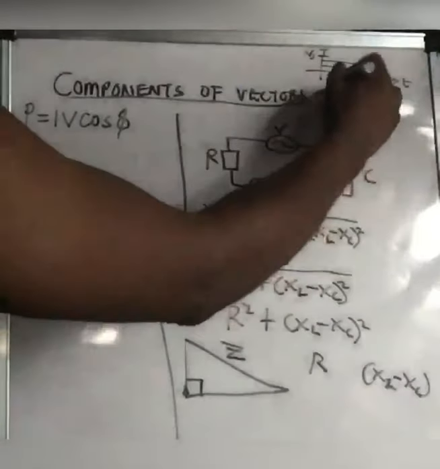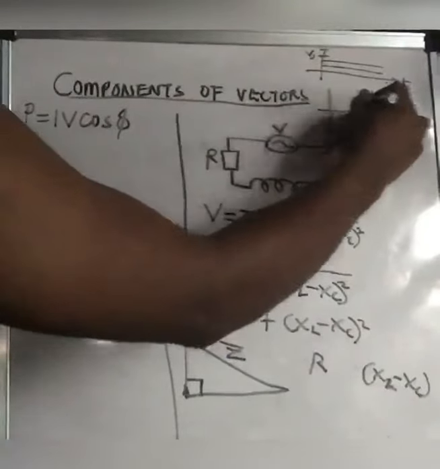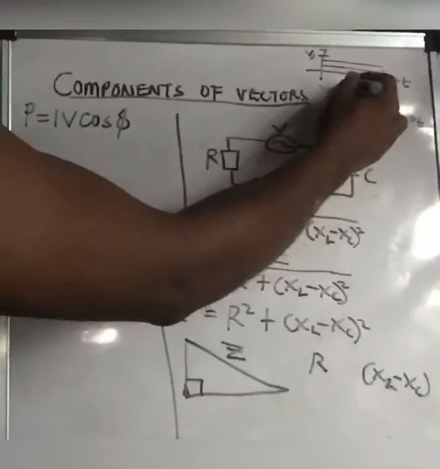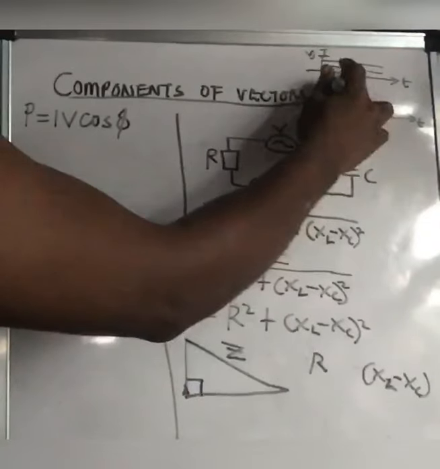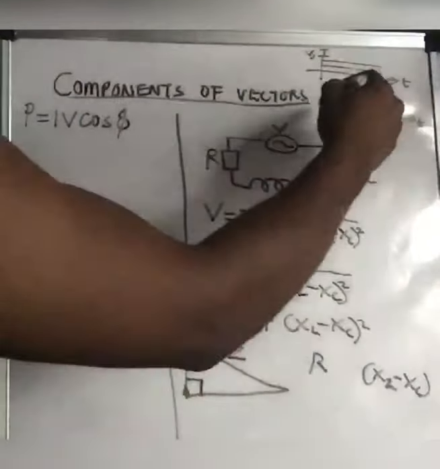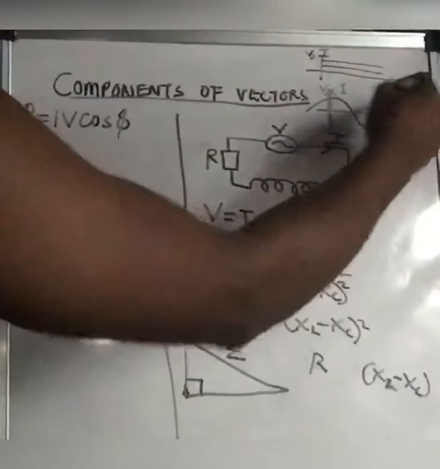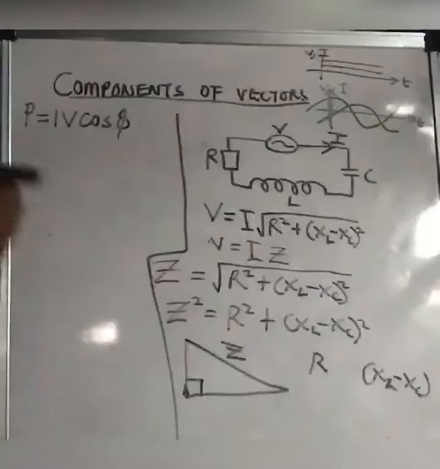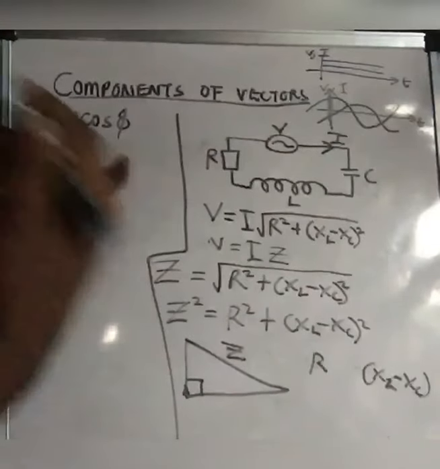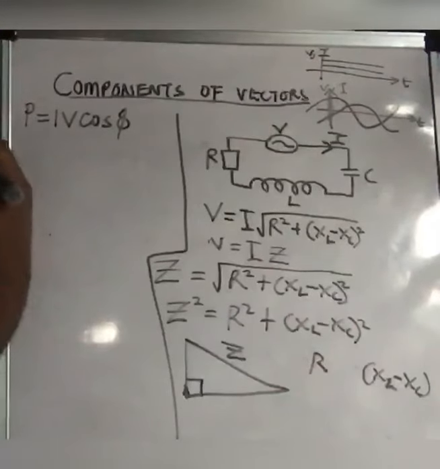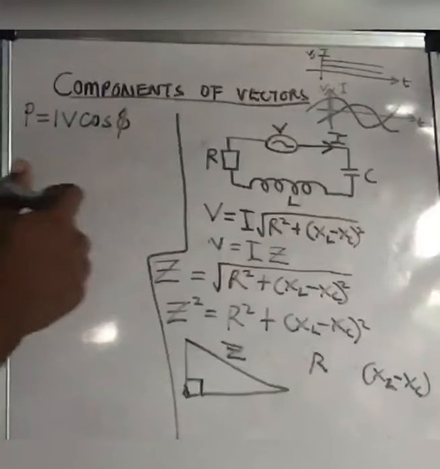Compared to the alternating current situation, you have something like this. Because of the alternating current situation, it's a periodic function kind of situation, the graph.